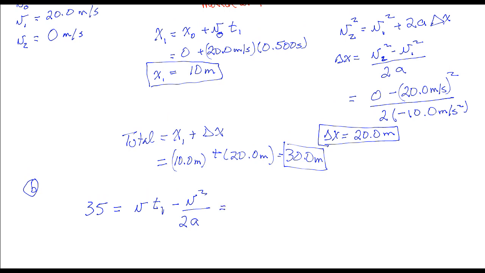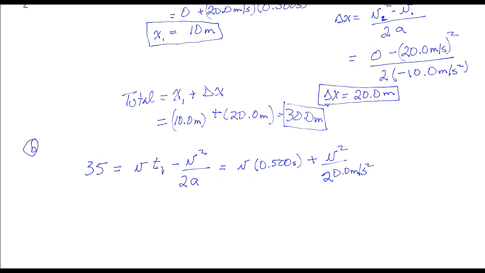Now we know a few of the numbers. T1 is half a second. We don't know what v squared is, but we do know a. A is negative 10 meters per second squared, so we multiply that by 2 and we get minus, you know what, I'll include the negative sign here to make it positive, 20 meters per second squared.